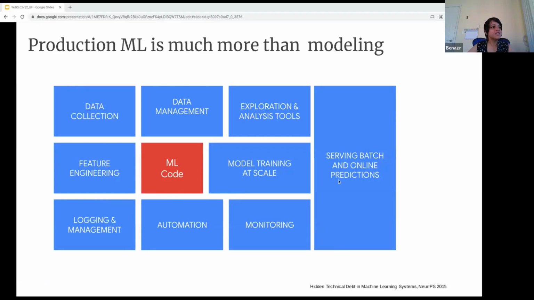But all of these systems together create your production ML system. I will talk about these modules in detail, but I wanted to present this picture as a reference picture when you think of a production ML model.